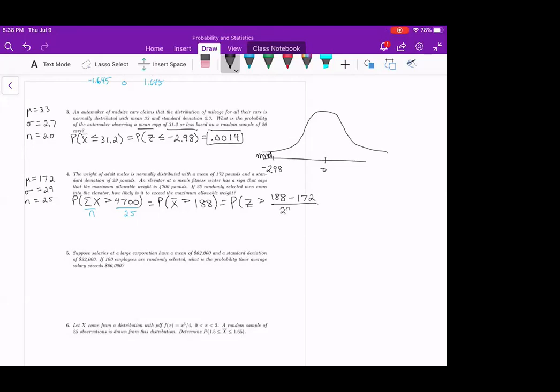So 29, which is the standard deviation, over the square root of 25, which is one that you should all be able to do in your heads. And now you can calculate what that z-score is. And you should get 2.76 to 2 decimal places again.